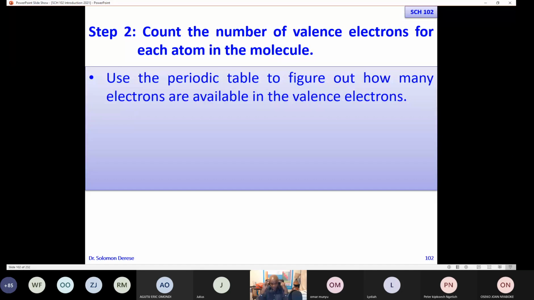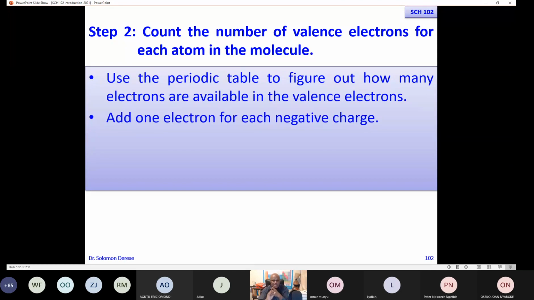Okay? Now it is possible you can have a molecule that is ionic, either positively charged or negatively charged. It becomes negatively charged because it has gained electrons. The molecule becomes positively charged because it has lost electrons. So if the molecule is negatively charged, it is because it has gained electrons.